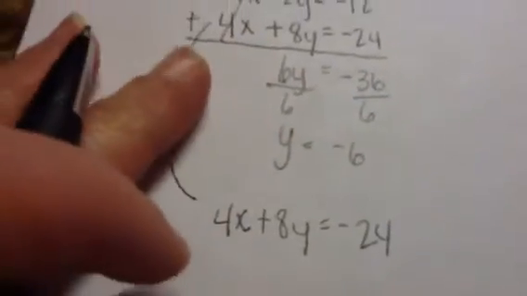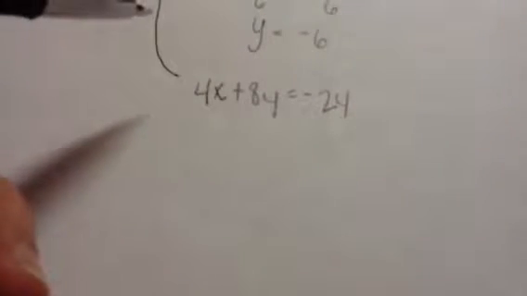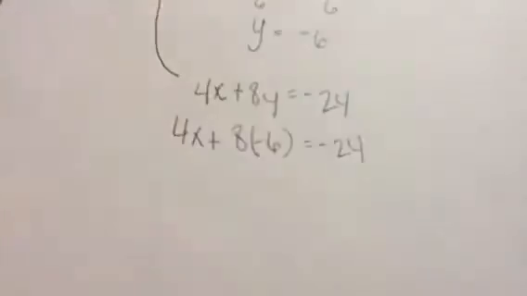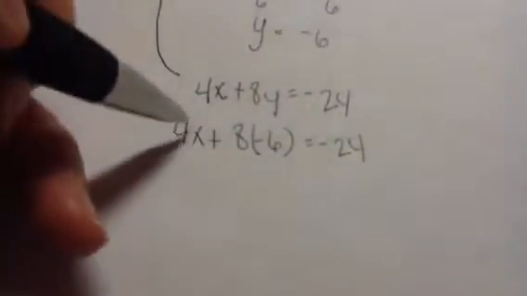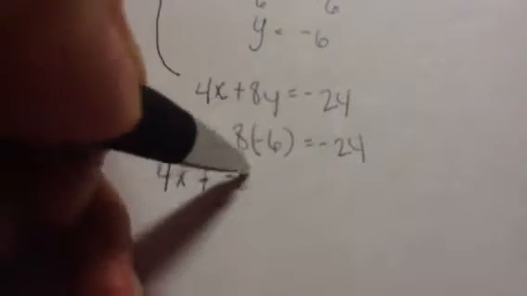Now I'm going to plug in this negative 6 for y. So I have 4x plus 8 times negative 6 equals negative 24. So 4x plus negative 48 equals negative 24.